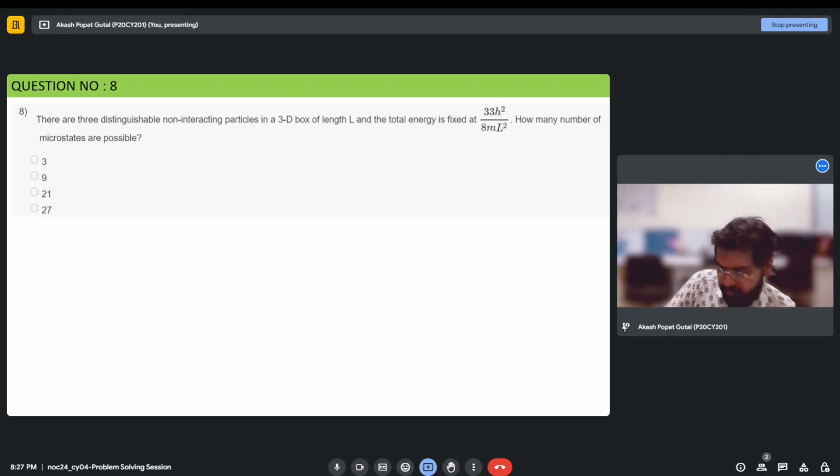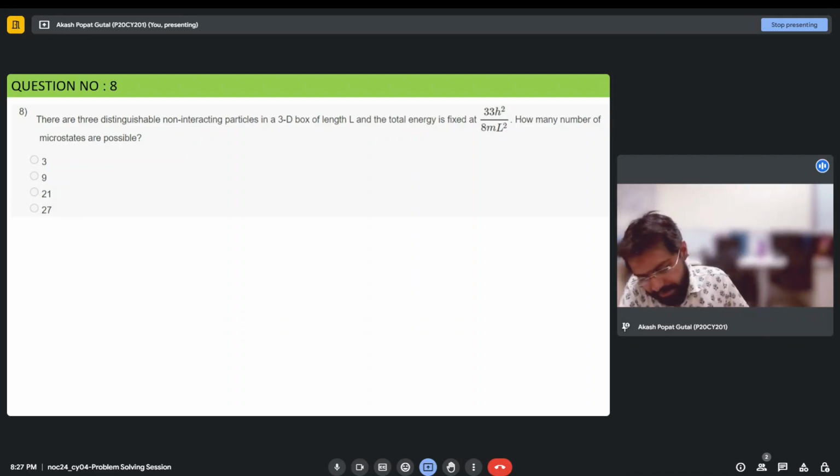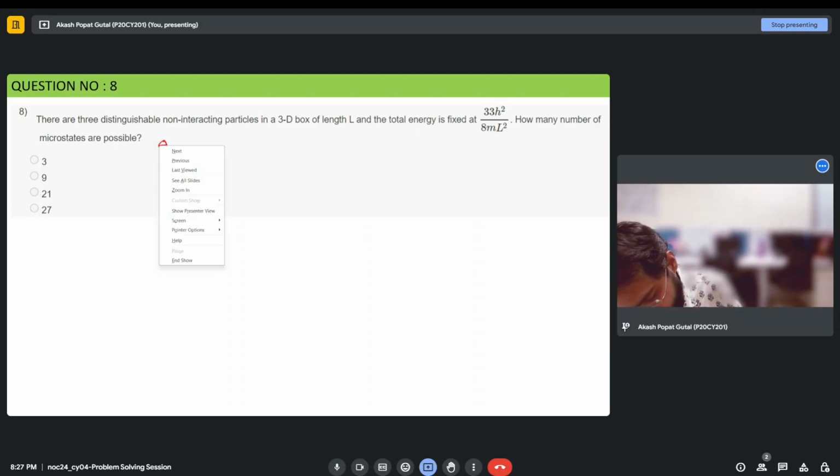So in this problem, we have three distinguishable non-interacting particles in a 3D box.